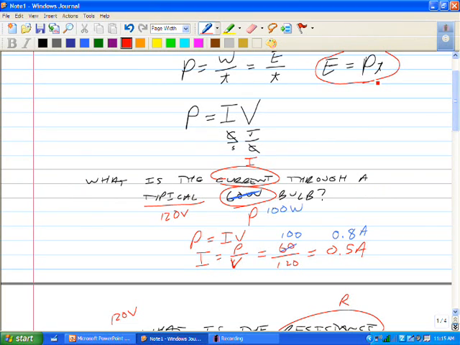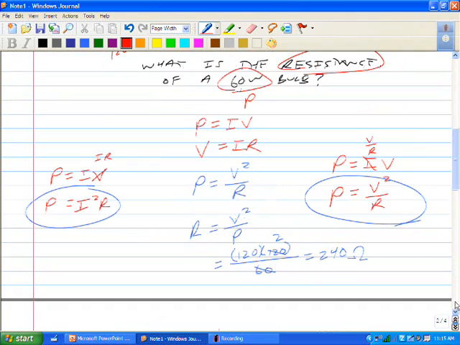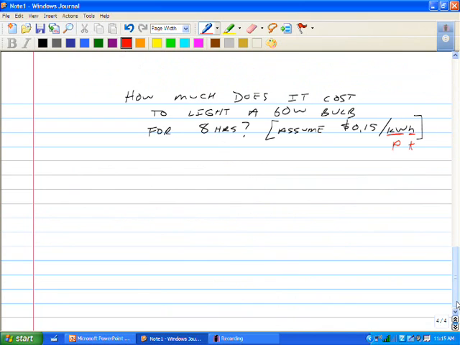Energy. So they're charging me for how much energy I use in a unit called kilowatt hours. So we just need to find out how much energy it takes, and then we can multiply that by 15 cents to get how much they're going to charge me.